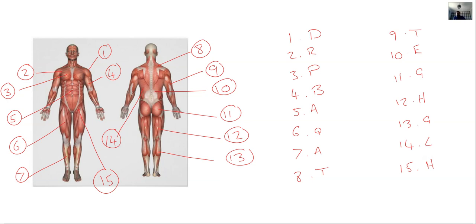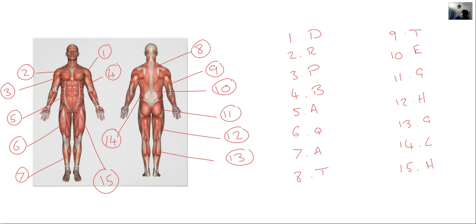Hints are on the screen. I don't mind for a revision session if you're shorthanding them like I will when I go through the answers, but just remember you do need to write them in full for any exam questions or answers. Right, that's 2 minutes. Let's go through the answers.